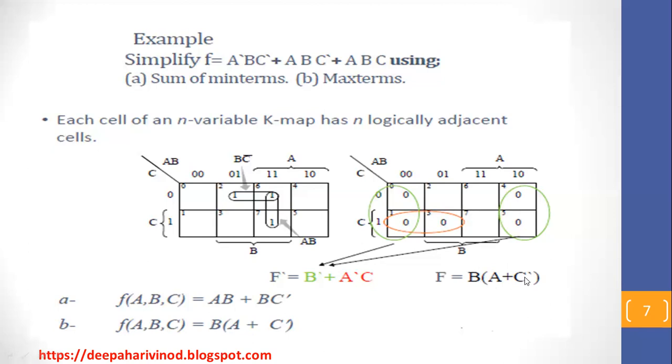I'll use the bracket, and the next literals common are C, which we write as C complement, and A is A itself. Because of that, I have written it as B and A plus C bar, which will be equal to F. That is in case of POS.